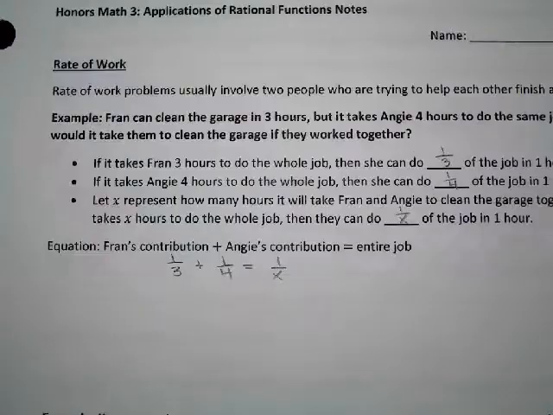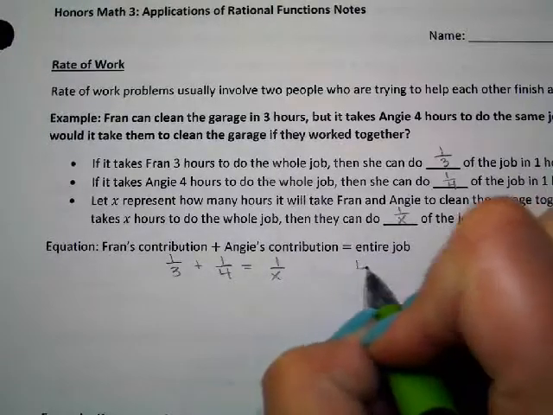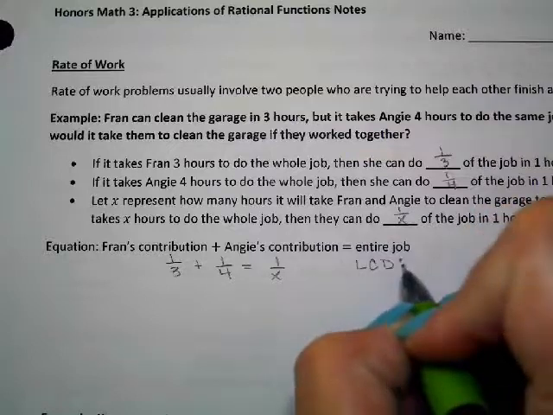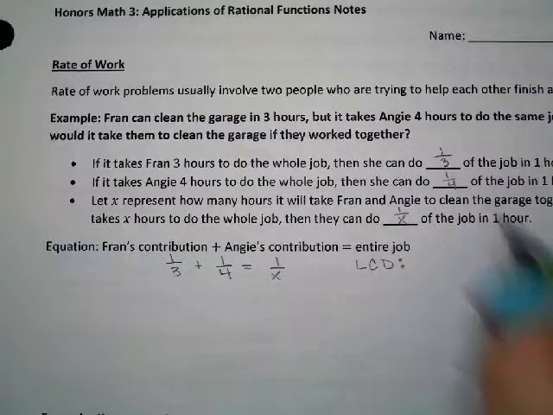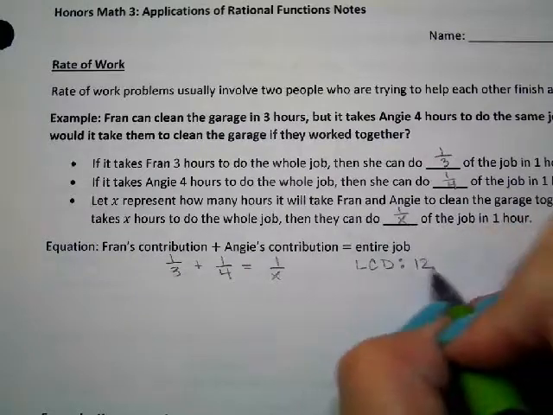So we're going to go ahead and solve for x, and we're going to use the methods that we've learned in solving our rational equations. We learned when solving rational equations to look for the least common denominator, which in this case is going to be 12x: 3 times 4 is 12, and then x.